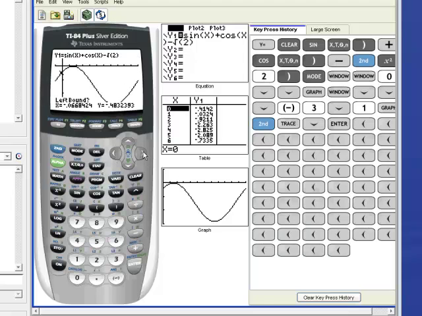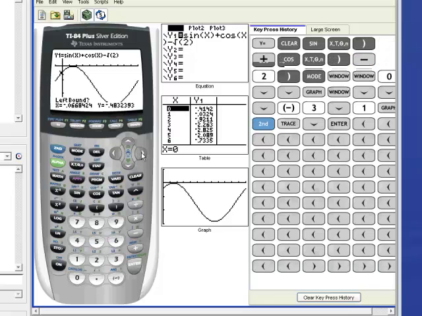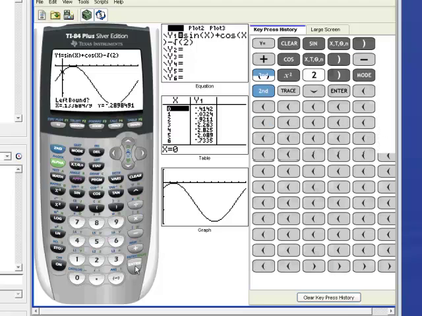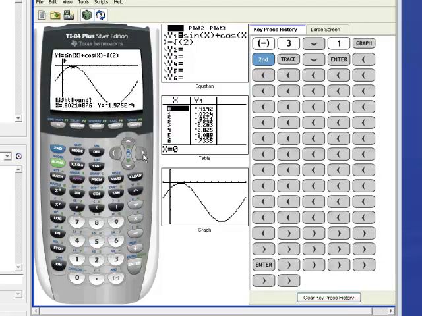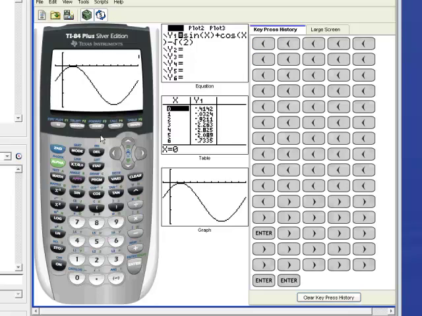Oh, no, I'm too far. There's a left bound. And there's the right bound guess. 0.78, which is pi over 4.